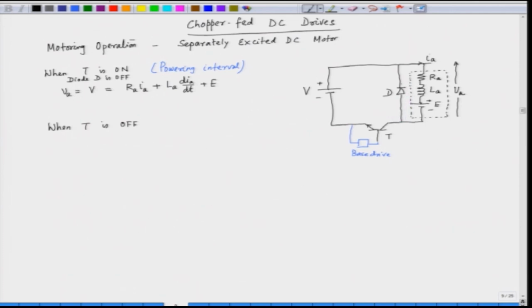The current which was earlier flowing through the armature will be freewheeling through the diode. Under this operation the diode D is on, and this is called the freewheeling interval.